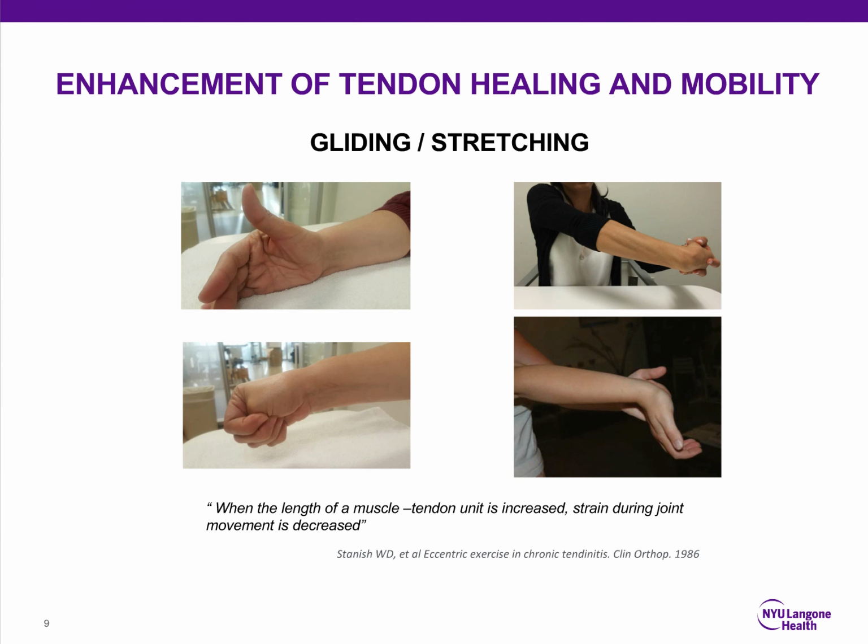In addition to the soft tissue mobilization, we need to include gliding and stretching of the tendons. We know that when the length of a muscle or tendon unit is increased, strain during joint movement is decreased. So gliding should be performed in a gentle and pain-free manner.